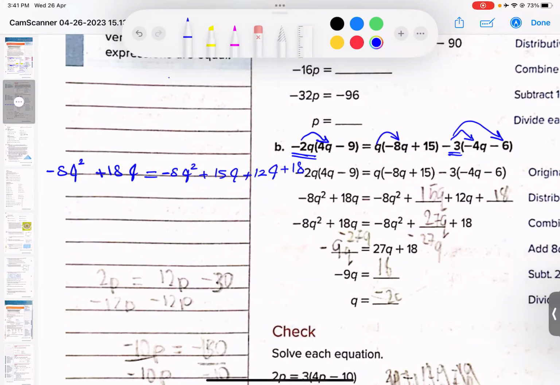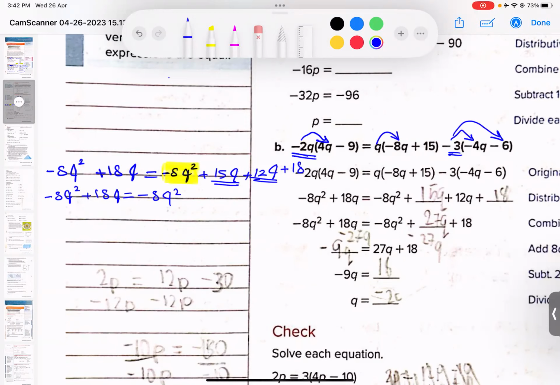So right now, I'm gonna keep the left-hand side. So it's going to be negative 8q power 2 plus 18q. And here we have negative 8q power 2. I'm gonna keep that. And here we have 15q and 12q.